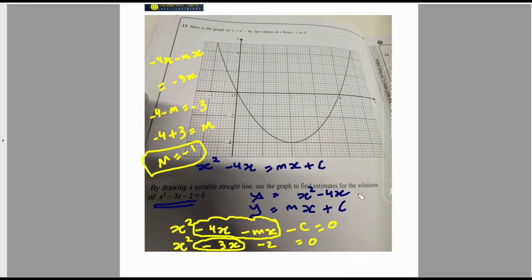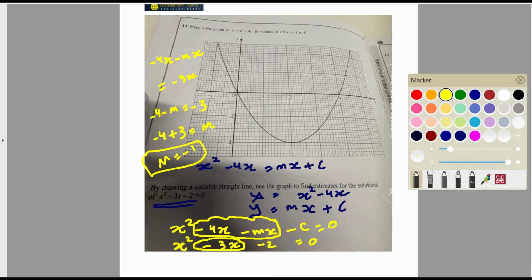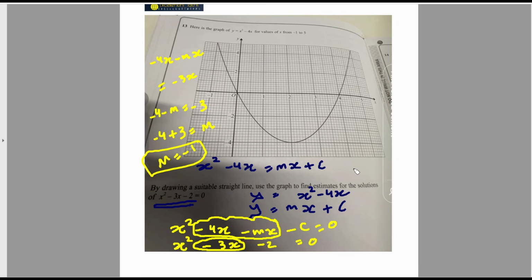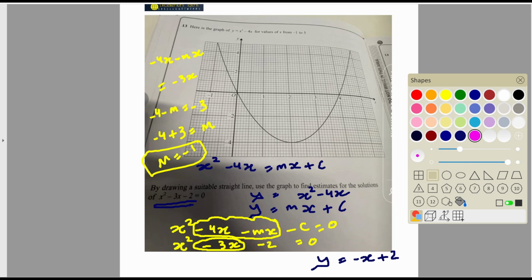So my equation is going to be y equal minus x add 2. Now I need to plot that to be able to see where the line intersects with the quadratic curve.